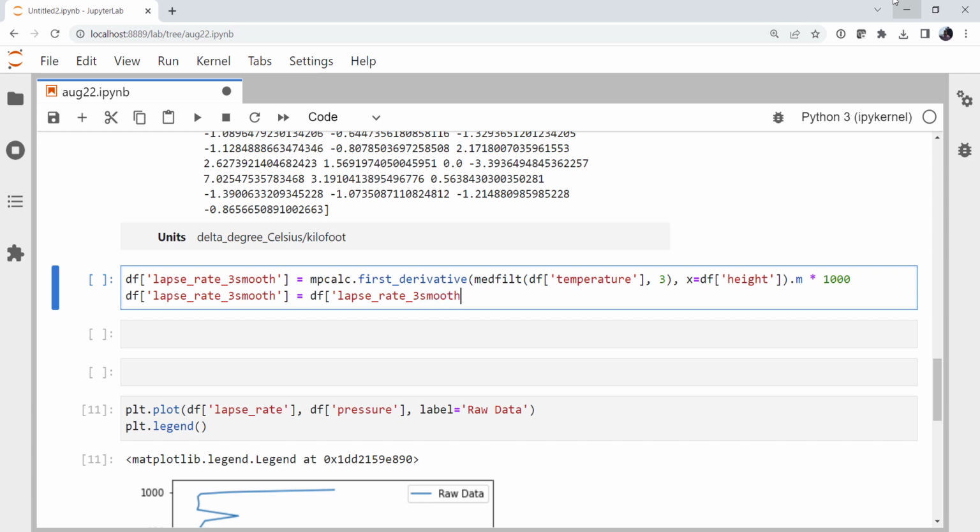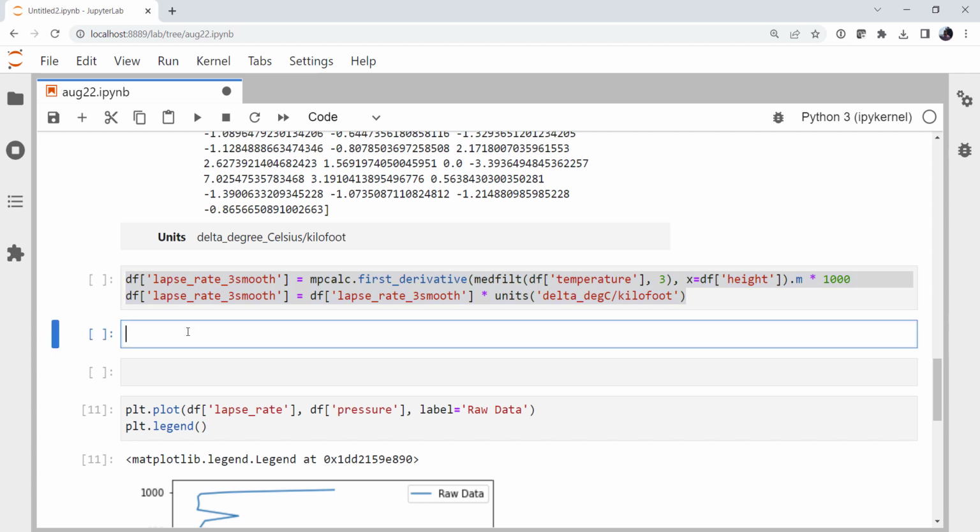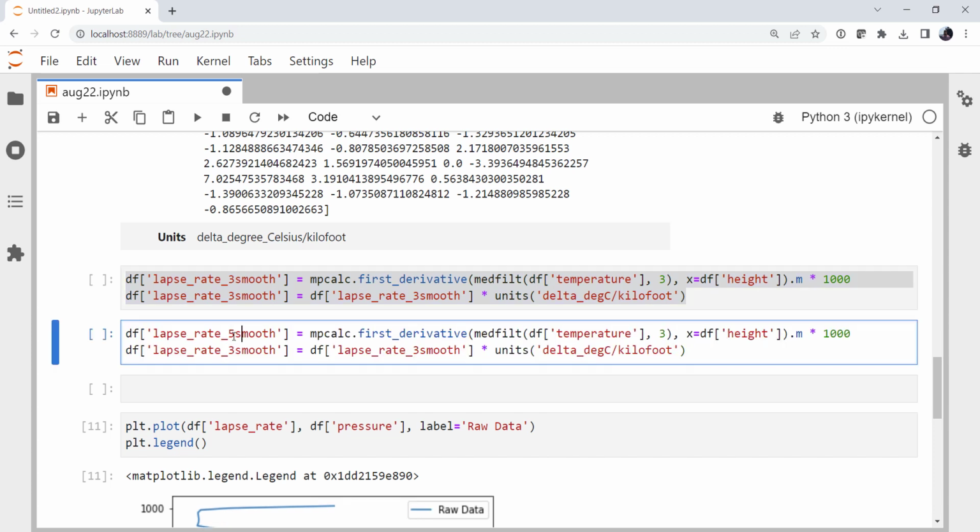But remember, we don't have any units now. We want units, so we're going to reattach units of delta degC per kilofoot. Just a little bit different way to write that. Now I'm going to copy and paste. We're going to do a 5-point smoothing as well, just for comparison.